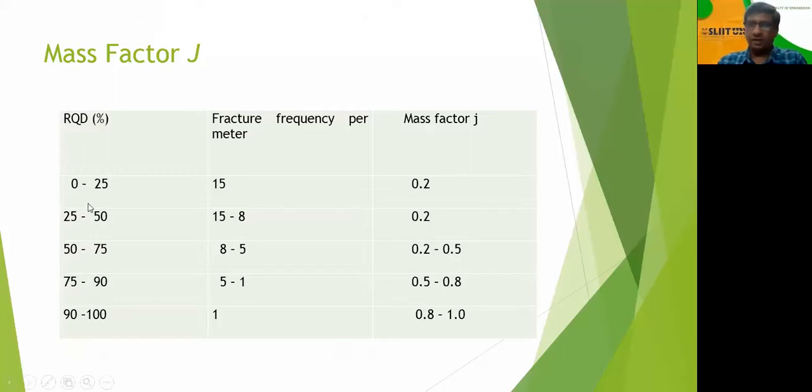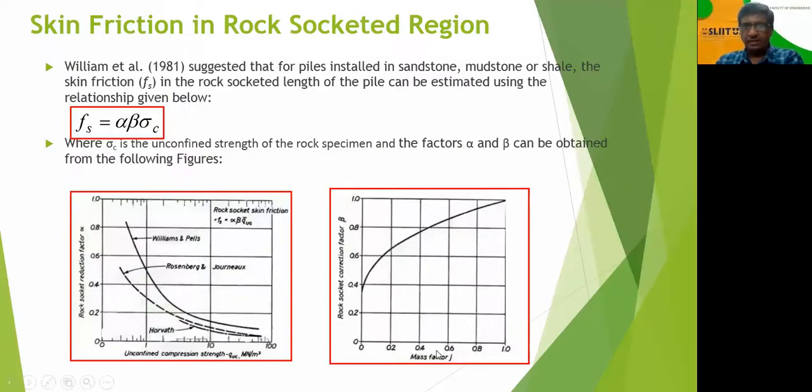Depending on the RQD, you can obtain the mass factor, and then the J value from these given values, and then use those J values in this equation in this chart to determine the beta value. So you can determine alpha, beta, and sigma c, and then you can determine the ultimate skin friction.